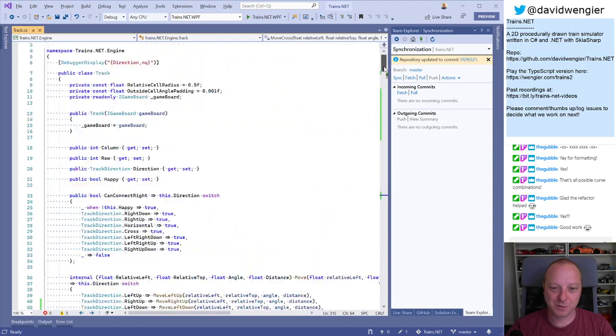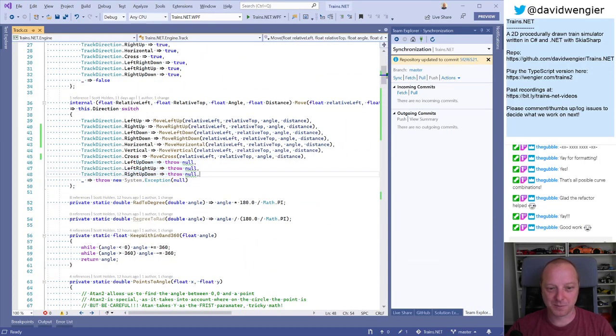We do need to do some more work though. There's still some more directions to go. The interesting thing with these ones, this is similar to cross, these three-way ones, is that they just hand off to one of these methods, but they have to know when to hand off. So left, up, down needs to either hand off to left, up or left, down.